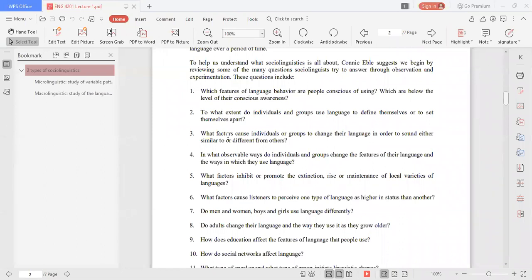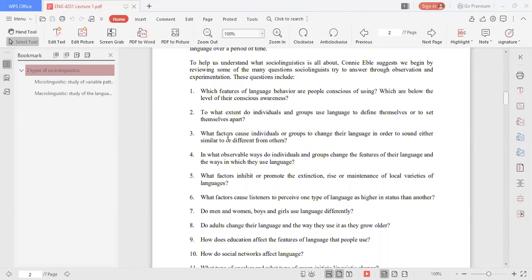Okay, number 6: what factors cause listeners to perceive one type of language as higher in status than another? For example, I'm a listener. When somebody is speaking, I'm an interlocutor, and at the same time, I'm a listener. So I'm listening to you, all of you, the 13 students of your class, and to your conversations.